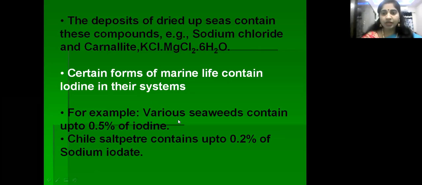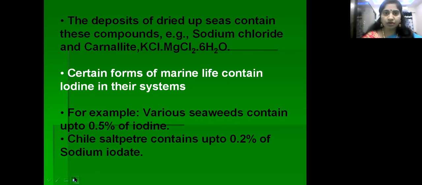For example, seaweeds consist of iodine. Chile saltpeter contains up to 0.2% of sodium iodate. So these are the examples. This is about the occurrence of the 17 group elements, children.